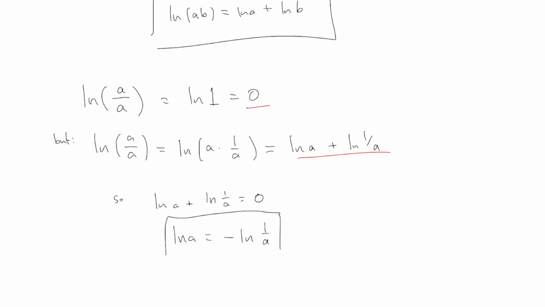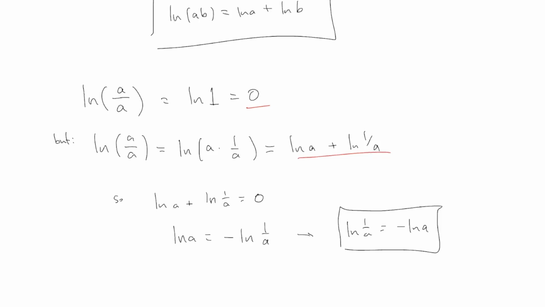This is another basic property of the natural log, which you've probably seen before. Maybe it's actually better, sorry, I meant to write it the other way around. These are equivalent, but it's usually written in this way. ln of 1 over a equals negative ln a. They're the same, but that's a little more convenient. So this is another rule that you can use to simplify natural logs. If you have the reciprocal of something, its log is the opposite of ln a.